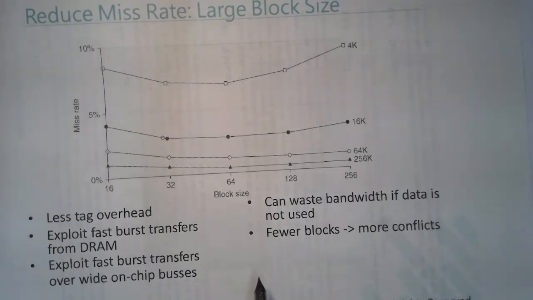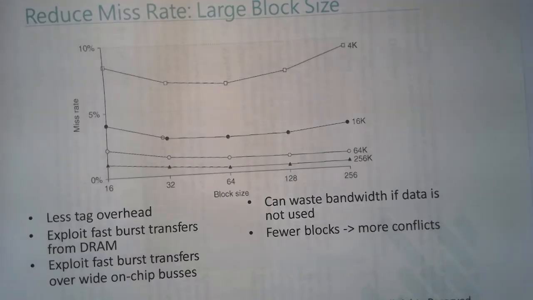It can also exploit the on-chip buses, which are big, so you can bring in huge blocks at a time. But it can result in wastage of bandwidth if the data is not used, because if your application does not have a huge amount of data which is spatially correlated, then it may result in wastage of bandwidth.